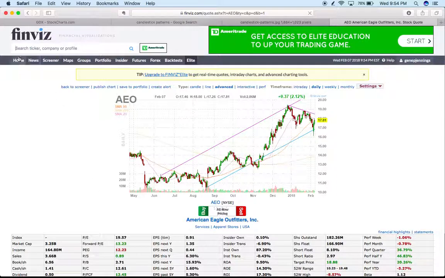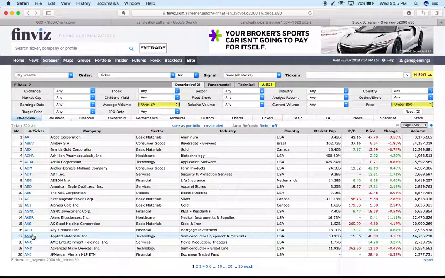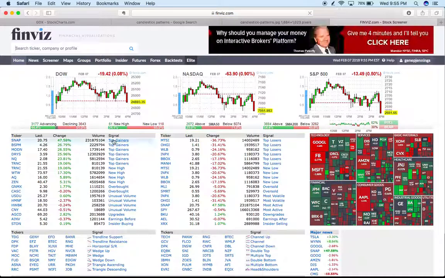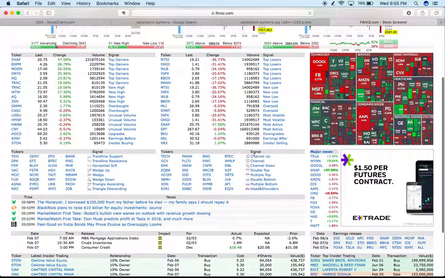You want to look for charts that are moving up, obviously. You can do that on the screener. You can do that if you go back to the home page. You can go down here, and we'll look at this maybe more later, all these different signals and things, like channel up.